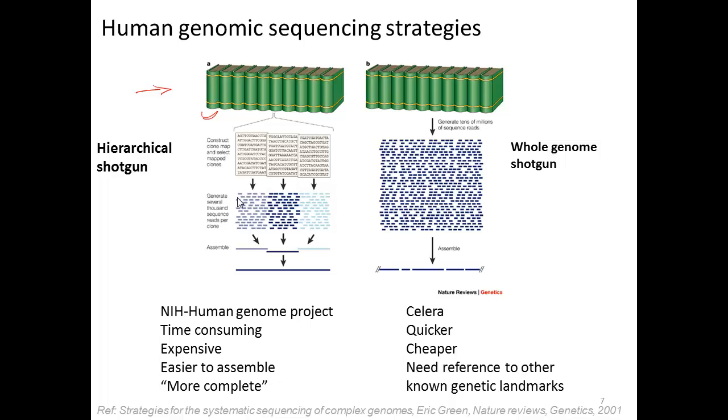They would split it up into small pieces of DNA, sequence those, assemble those, and then they would take the information from a second volume, also do the assembly, and build up the sequence over time, but spent a lot of effort dividing the DNA into volumes and doing these extra reads.